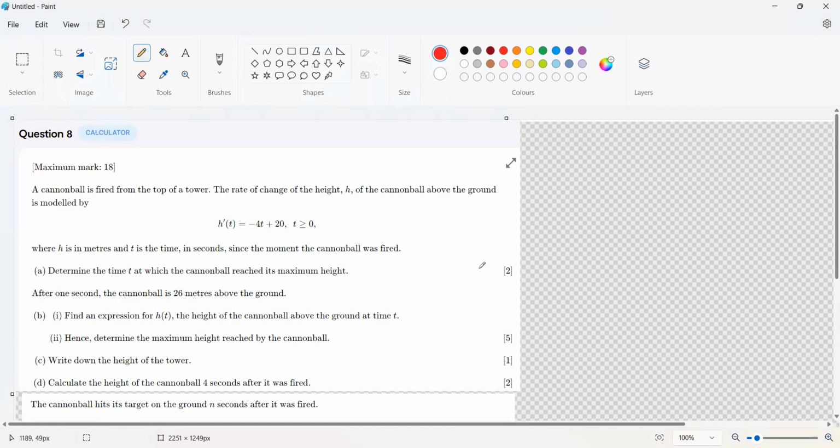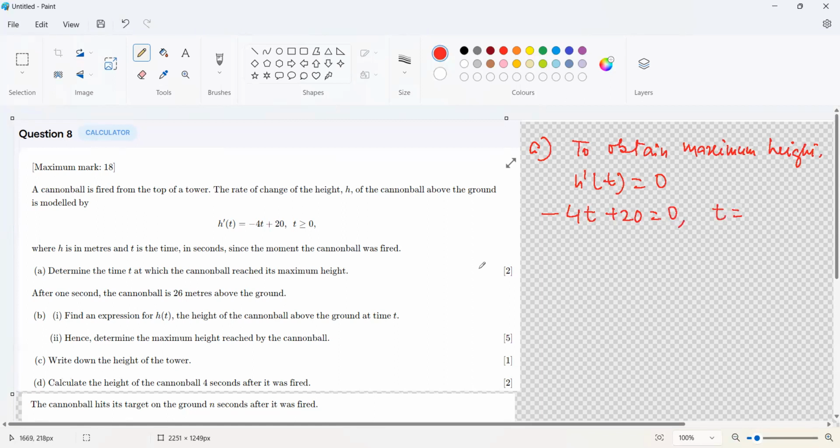So to obtain maximum height, we need to do h dash t equal to 0. Negative 4t plus 20 is equal to 0.